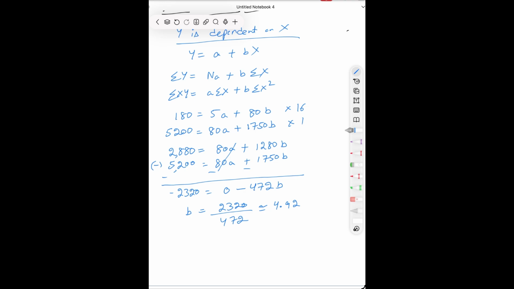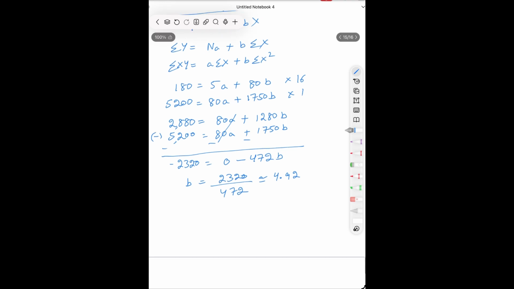Now put this value of b in the first equation. So 180 is equal to 5a plus 80b. Now b is 4.92, so 180 is equal to 5a plus 80 into 4.92. 4.92 multiplied by 80 comes to 393.6.